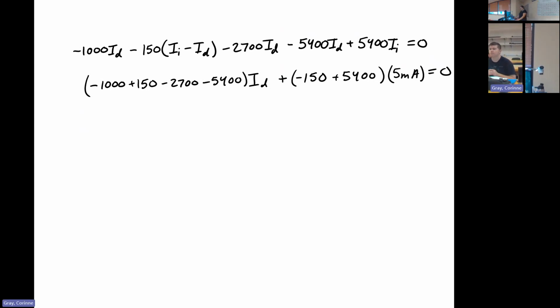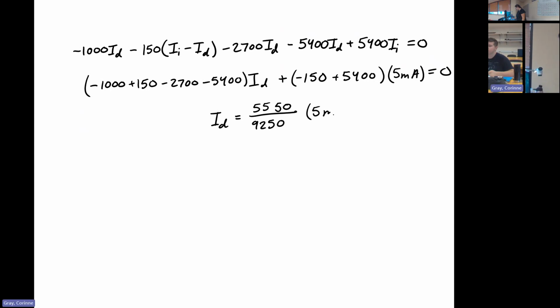So assuming I plug this in correctly, I got that ID was equal to 5,550 divided by 9,250, or this should be 3 milliamps, assuming I did that correctly. Which one's which again?